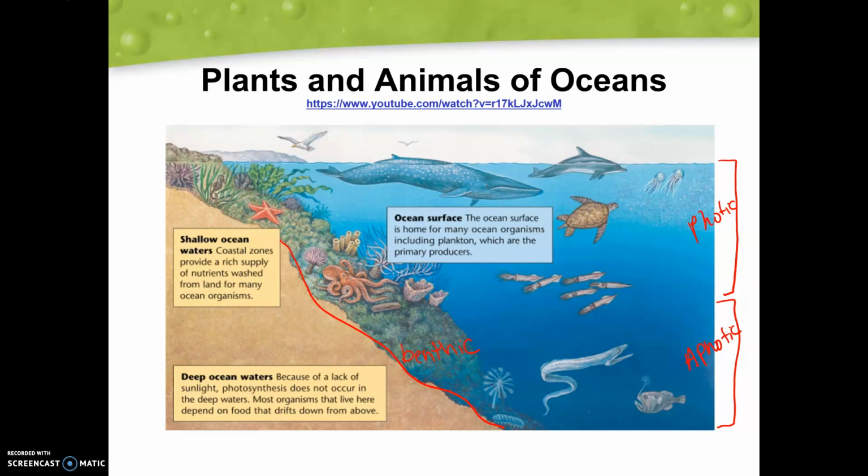We're going to see a lot of these plants over here and a diverse amount of animals using those plants as resources. In our deeper ocean waters, our aphotic zone, these animals have learned to adapt to the darkness and not having the same resources as they would if they lived in the photic zone. So those are some differences that we'll see in the plants and animals of the oceans.